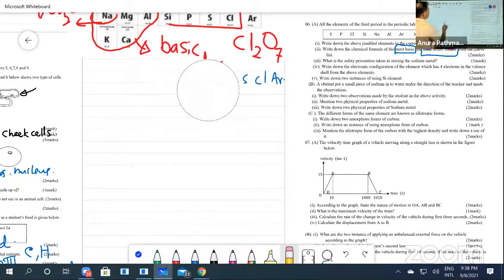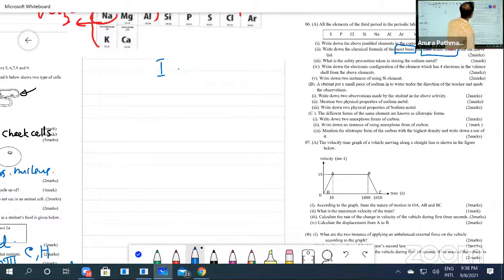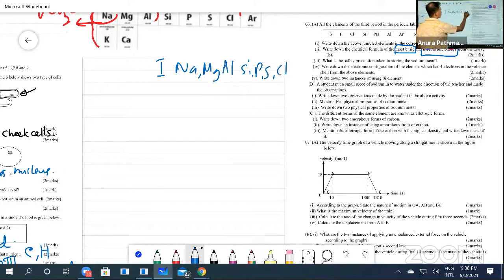So let me write the answers for the first part. Write down the above jumbled elements. We wrote that one: sodium, magnesium, aluminium, silicon, phosphorus, sulfur, chlorine, and argon. The second one, write down the chemical formula of the most basic: Na2O.